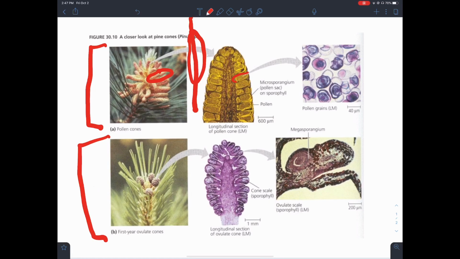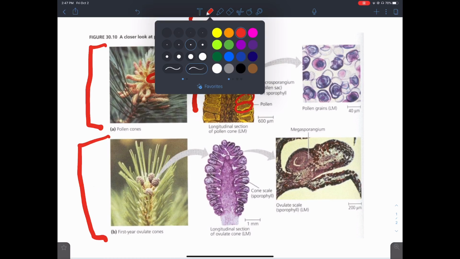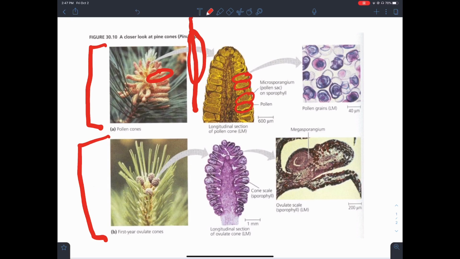What you see is that each one of these here is a microsporangium. It is inside the microsporangium, as in all sporangia, where meiosis takes place to produce spores. But specifically here, these spores are microspores, and the microspores mature into microgametophytes or pollen grains. Okay, so this is the male side of the reproductive aspects of the gymnosperms.